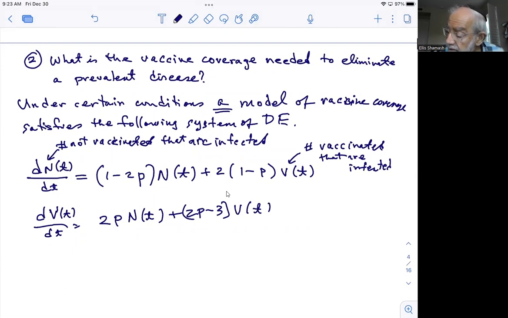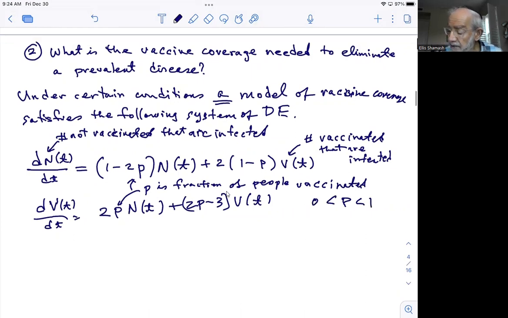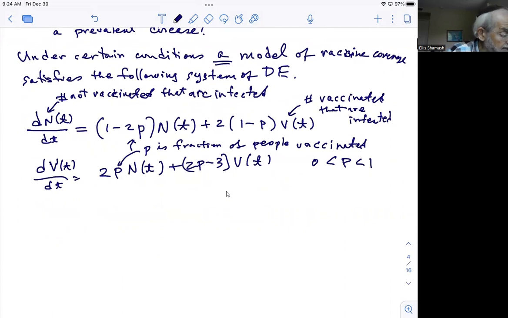And the p number in all cases is the fraction of people vaccinated. That's a number that can go from 0 to 1. Nobody vaccinated to everybody vaccinated.